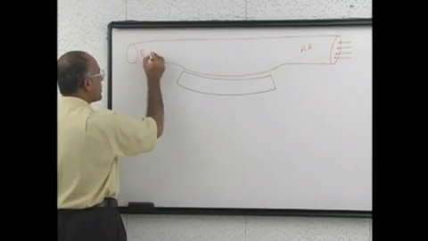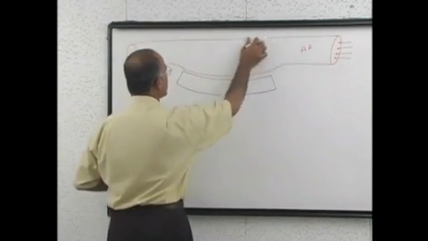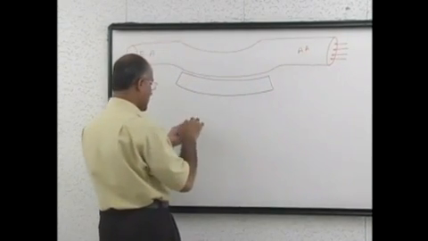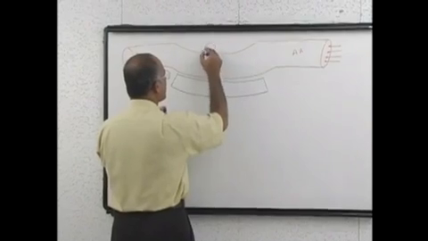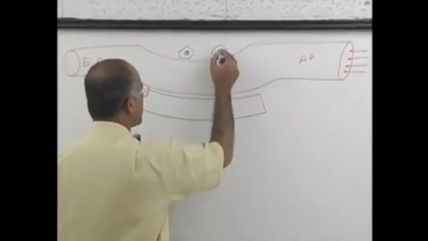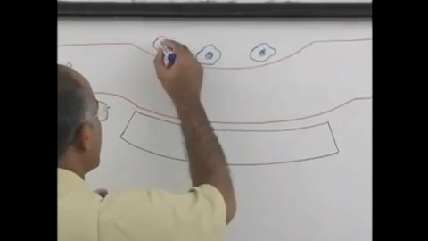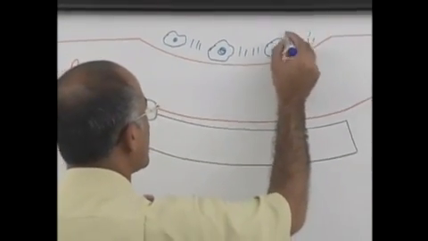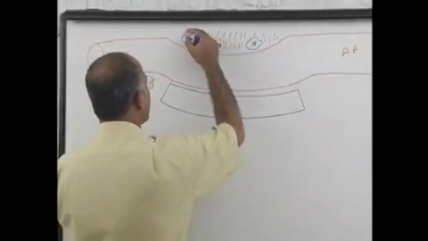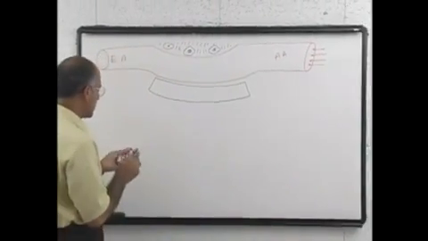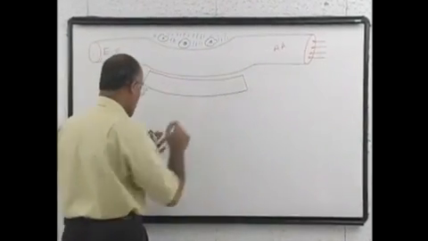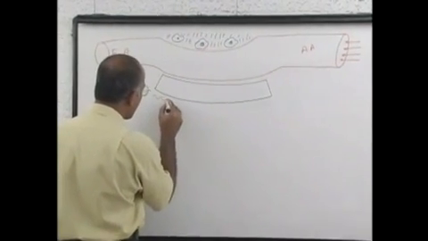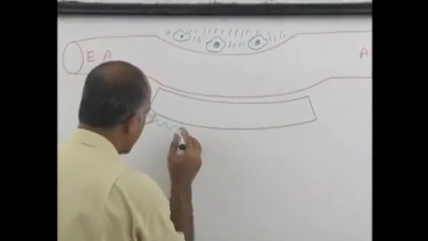Efferent arteriole, right? Here we can produce a little dip to represent the cells over here. And what are these cells? Yes, mesangial cells. And there is some mesangial connective tissue present over here, right? Now this is our glomerular basement membrane. And here are the cells. What were these cells?